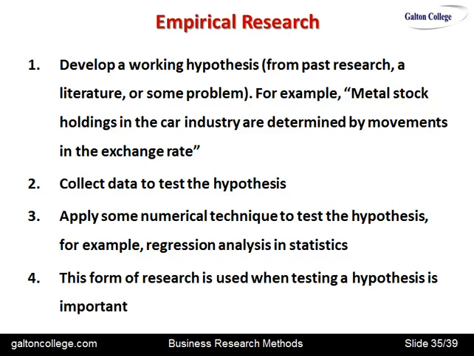Now, this form of research is used when testing a hypothesis. It's important. So this is one which is quantitative. It's empirical. In a sense, it's doable. Doable in the sense that we have a hypothesis which gives us the main components of the research, metal stock holdings and the exchange rate in the example I've given.